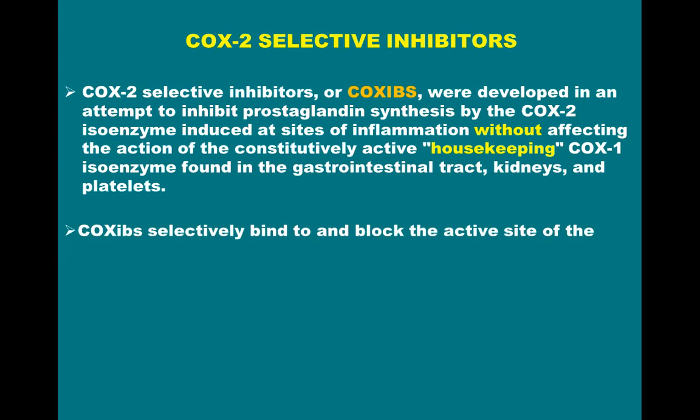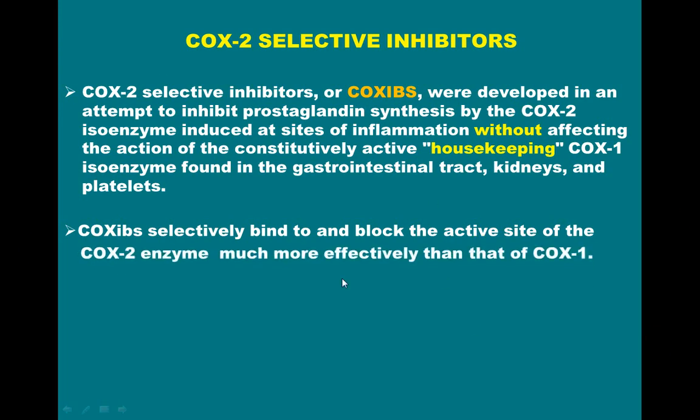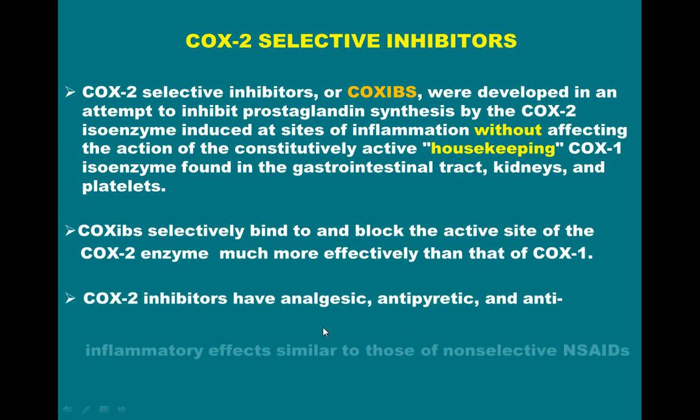COX-2 selective inhibitors, or COXIBs, were developed in an attempt to inhibit prostaglandin synthesis by the COX-2 isoenzyme induced at a site of inflammation without affecting the action of the constitutively active housekeeping COX-1 isoenzyme, which is found in the gastrointestinal tract, kidneys, and platelets. COXIBs selectively bind and block the active site of the COX-2 isoenzyme much more effectively than that of COX-1.